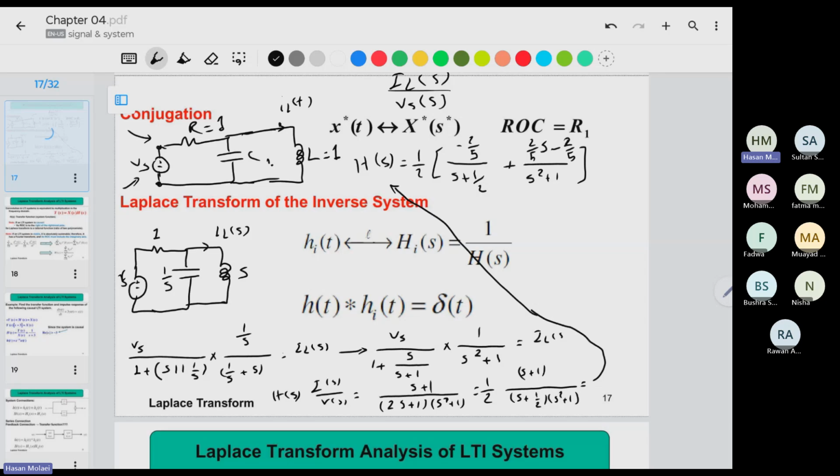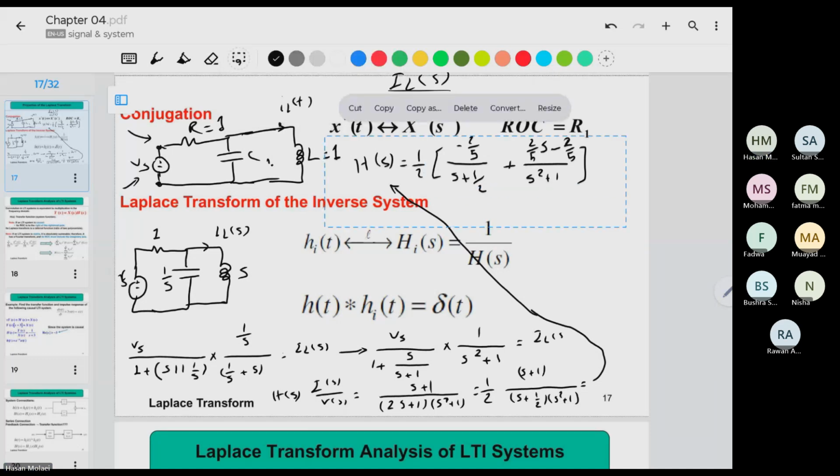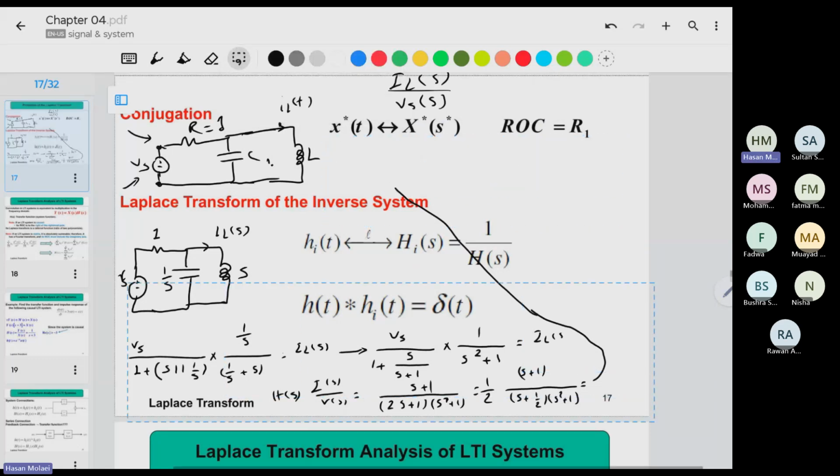I made a mistake here, that's why, let me do it again.